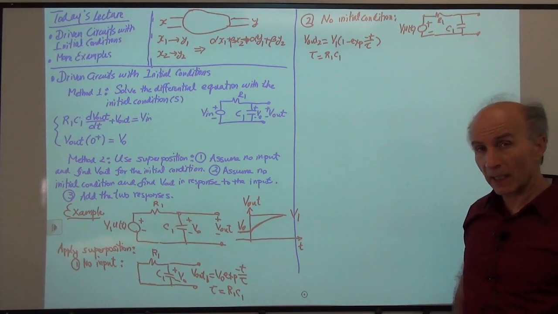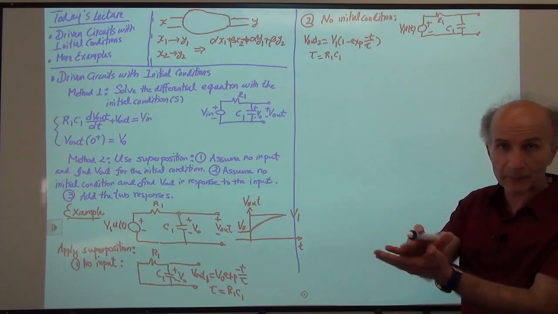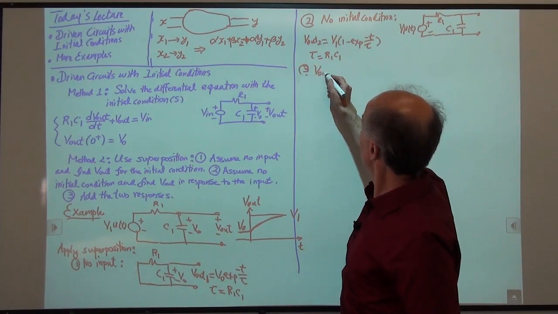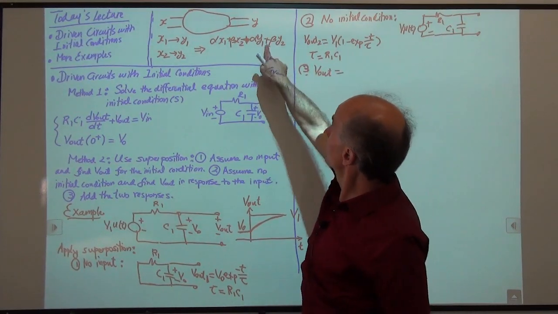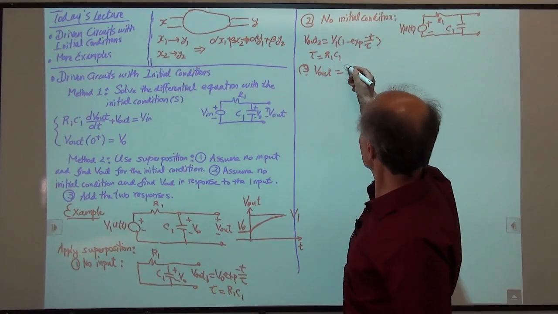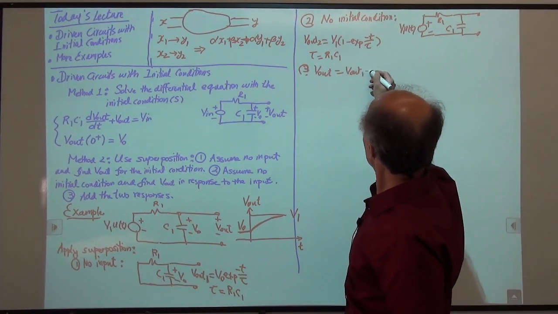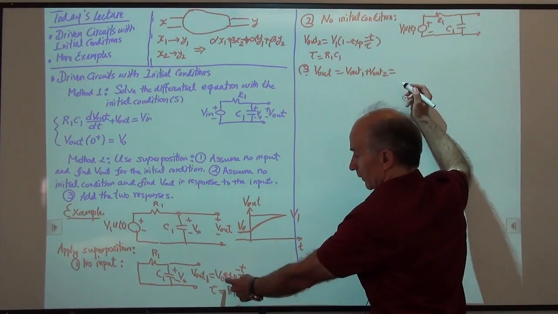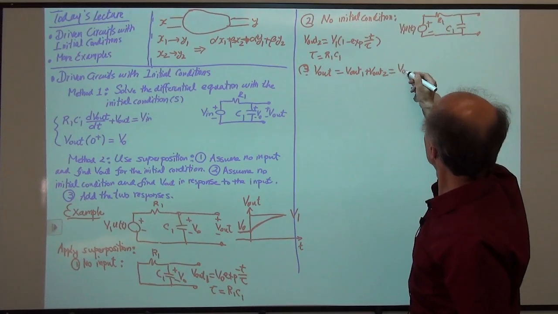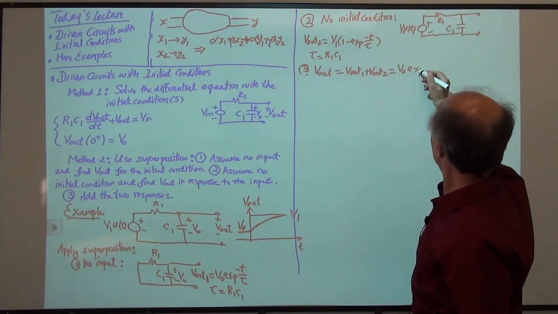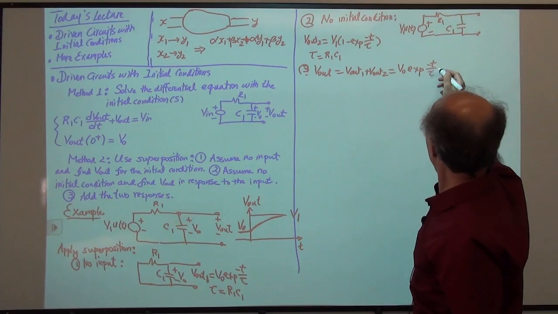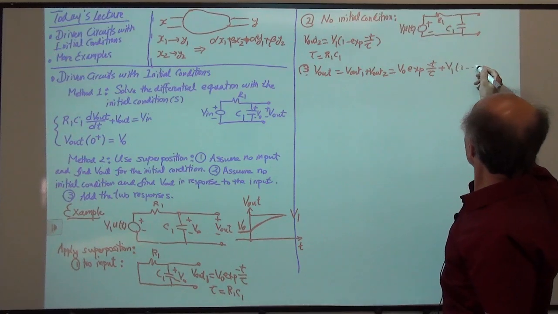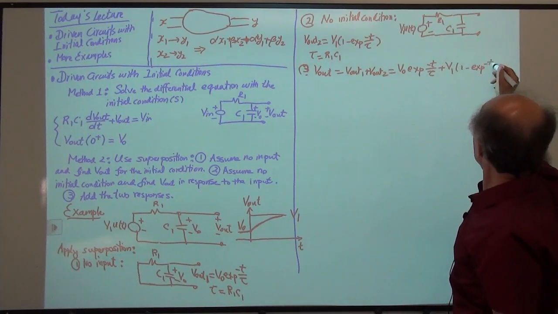Okay? And now, step number 3, we just add up these two results. So step number 3, we say V out is equal to, see, we add up the results. So we add up the two outputs. So V out 1 plus V out 2. And that's equal to this quantity here, V0 exp of minus t over tau plus this quantity, V1 times (1 minus exp of minus t over tau).